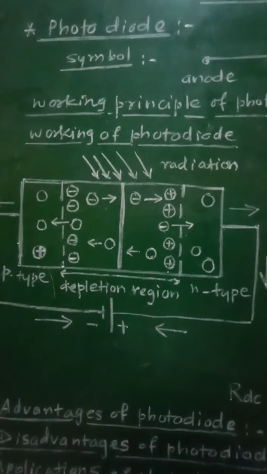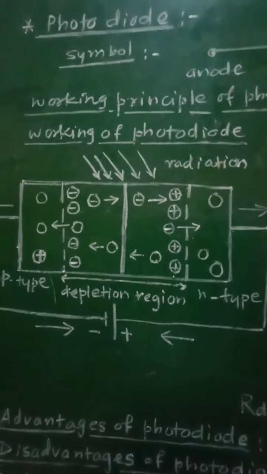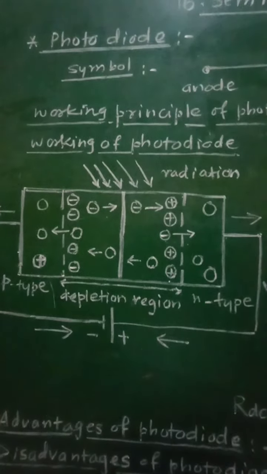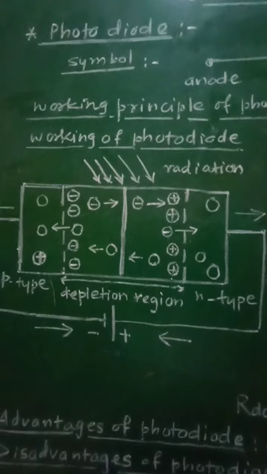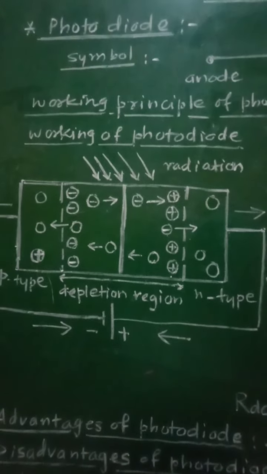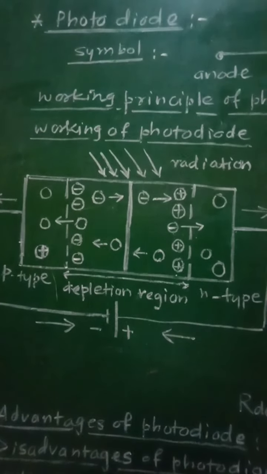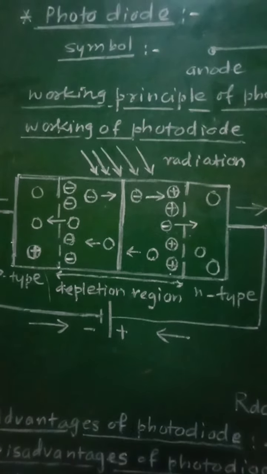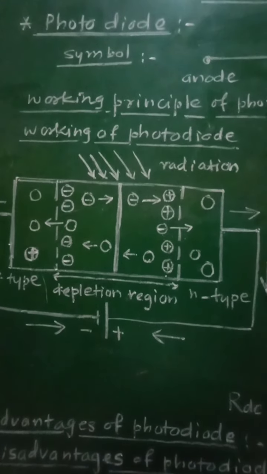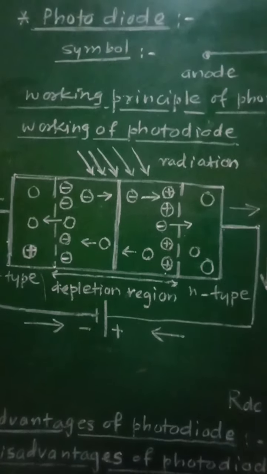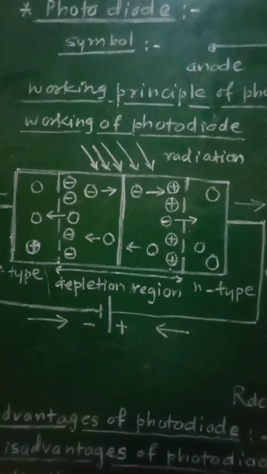Now the energy of the incident photons, the energy of that incident radiation, is always greater than the band gap of the semiconductor material which is used to prepare the photodiode. This condition is very important, that is, the energy of the incident photons should be greater than the band gap energy of the semiconductor material which is used to prepare that photodiode.